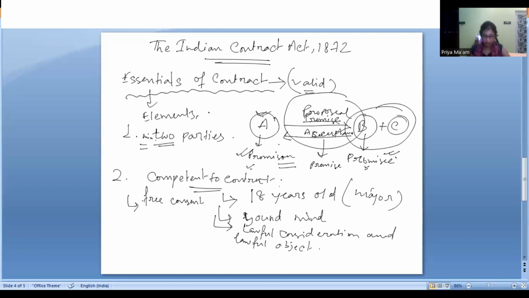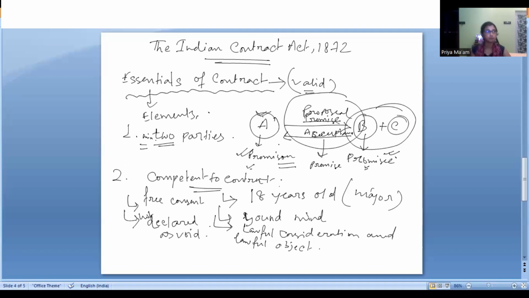Okay. So the fourth essential is free consent, and the fifth one is that the contract should not be declared void. Means a contract which from the first time is declared as void can't be a valid contract under any circumstances.